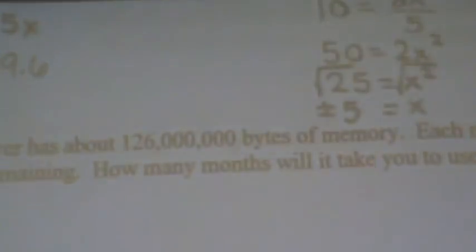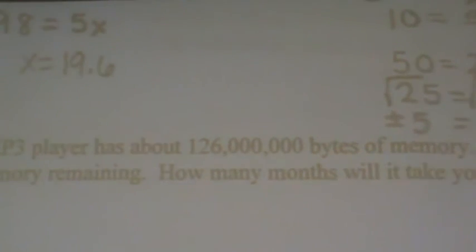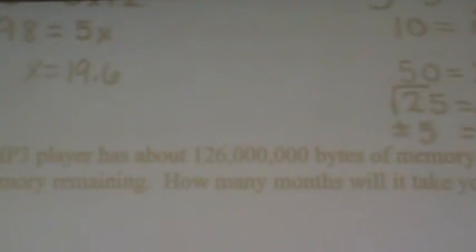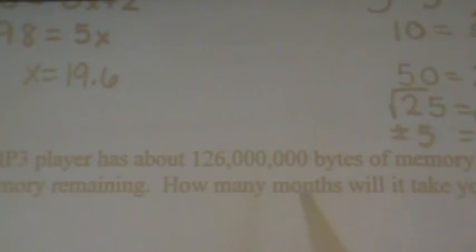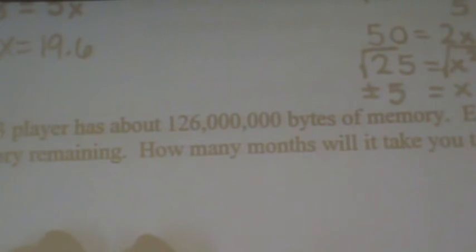Okay, now flip to the front. We've got a story problem here. And this kind of relates to what we did in section 7.1. It says your MP3 player starts off with an initial amount of memory of 126 million bytes. And each month that you use it, you lose 5% of the memory.